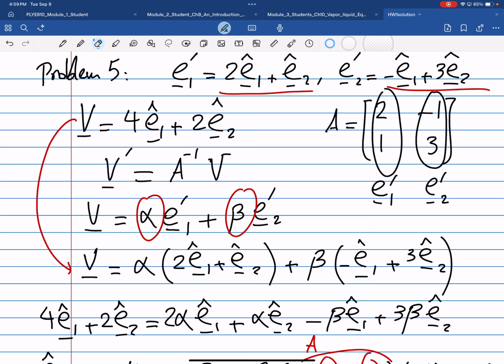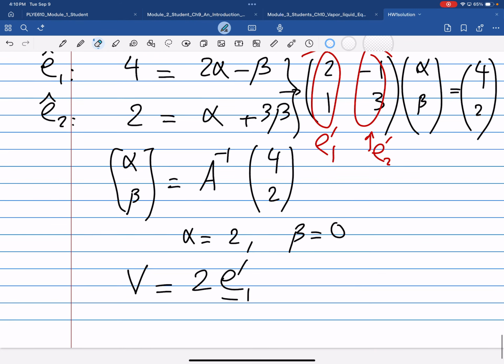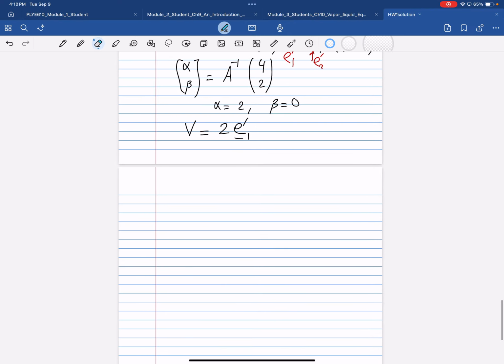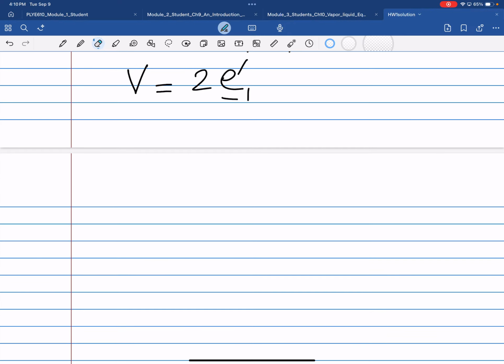Okay, so what else do we want to do here? Find a new matrix tensor. Okay, so that is good. So what is G prime ij? It's a 2 by 2, right?